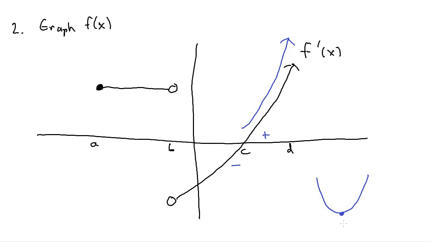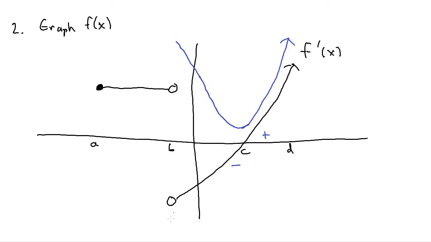So that means that point C is going to be a local minimum. So if I were to sort of curve it up like this and then go up all the way up to that discontinuity.